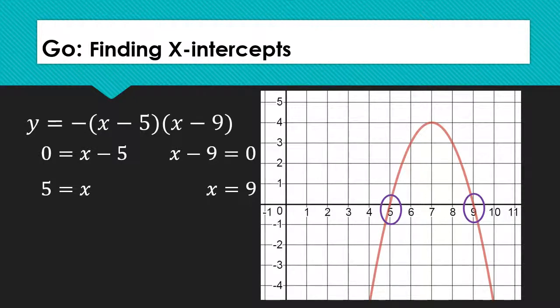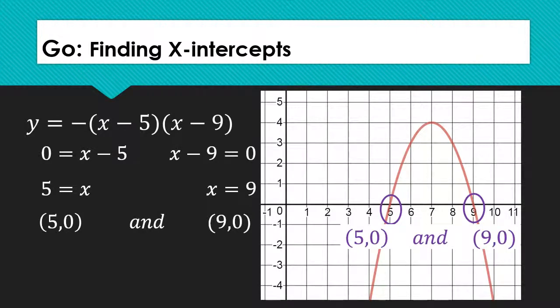If you replace the x's in the original equation with the 5 and the 9, you'll see that each of those two factors equals 0. And the ordered pairs, which represent our x-intercepts, are (5, 0) and (9, 0).